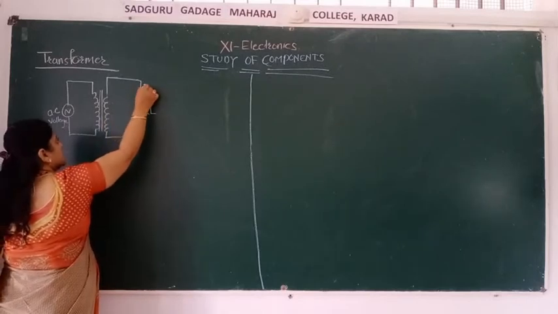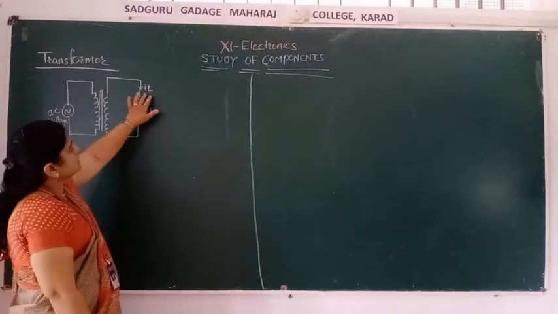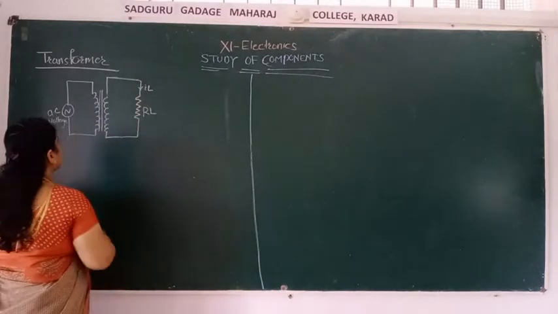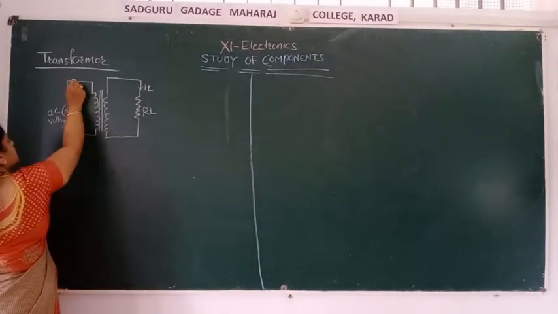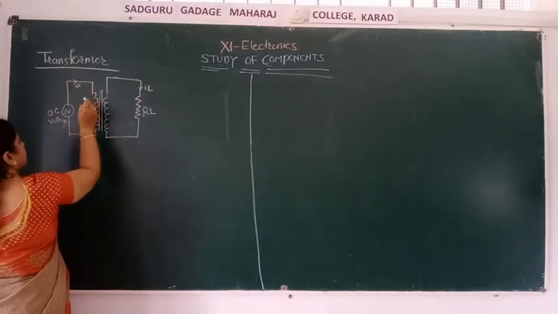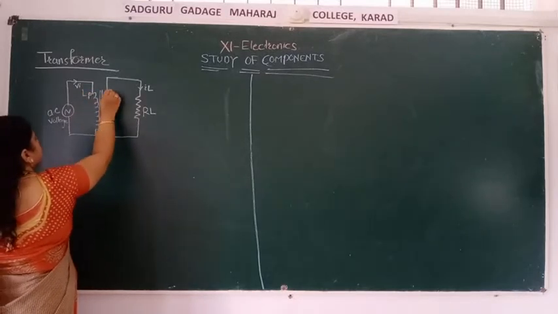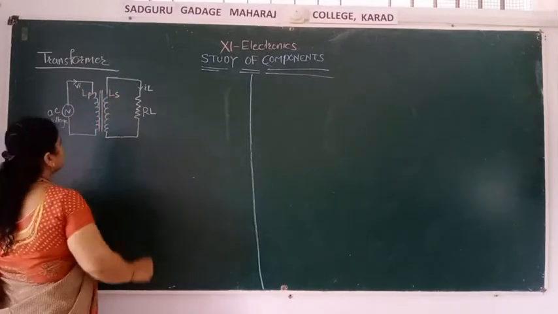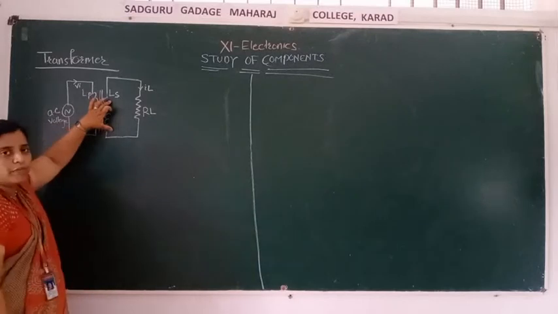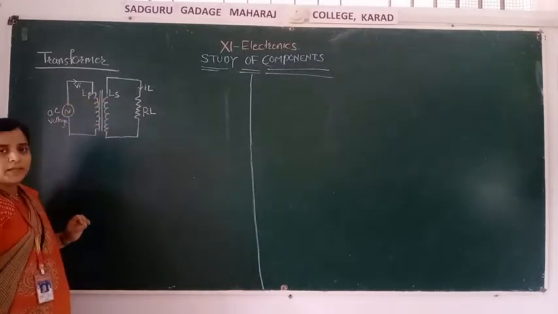Here the current IL is there; across this load resistor the current IL will flow. And this is the input voltage VI. These are the number of turns at the primary, and these are the number of turns at the secondary.